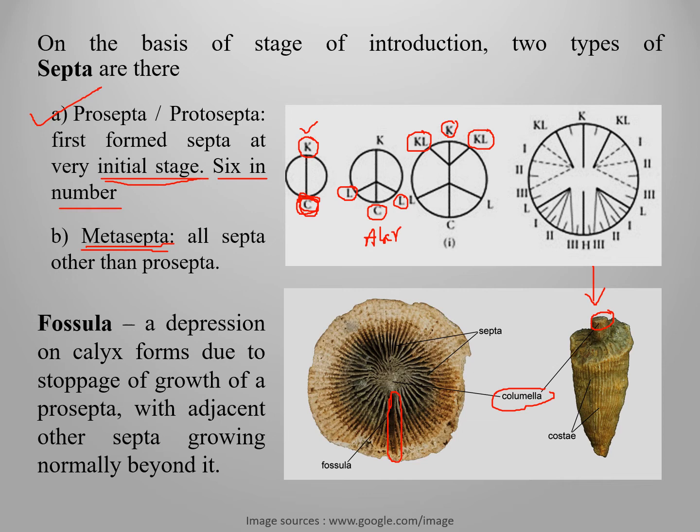In some other corals, the growth rate decreases in the alar septa, these lateral septa. In that case, the fossula formed due to the slower growth rate of the alar or lateral septa is known as lateral fossula or alar fossula.